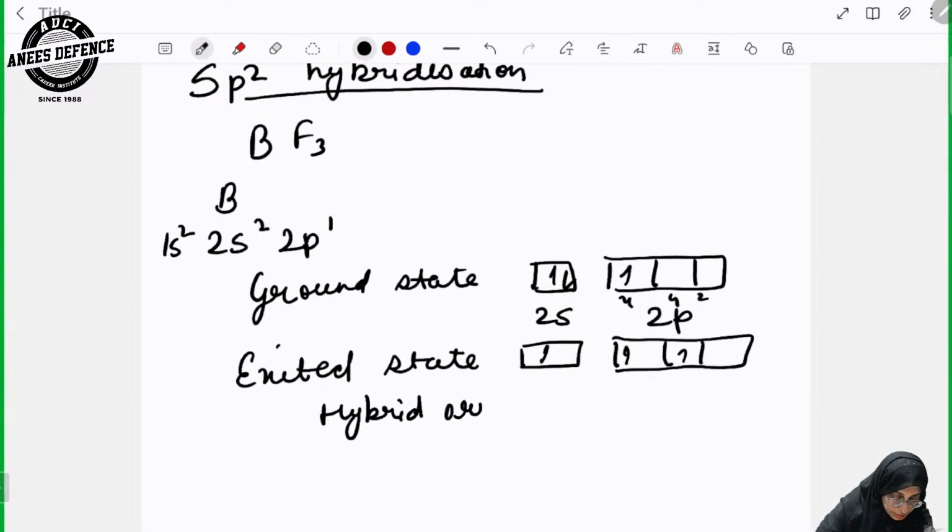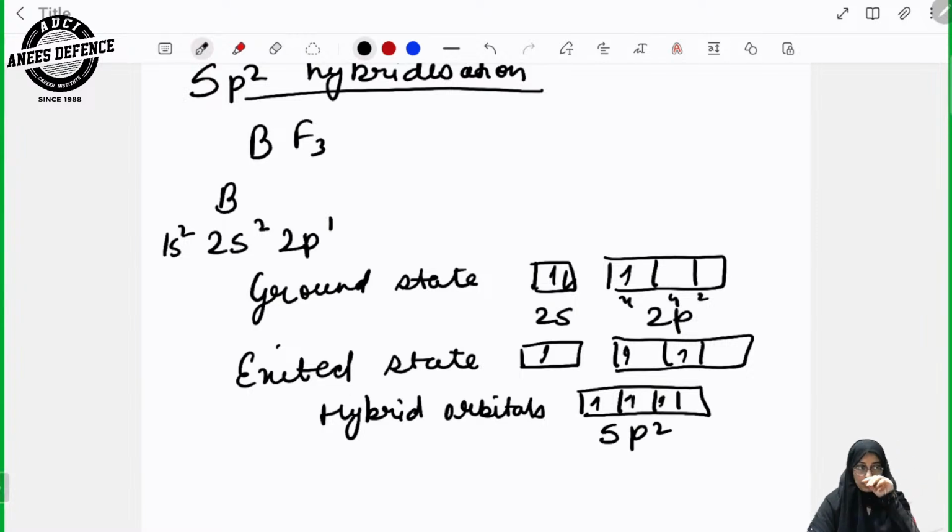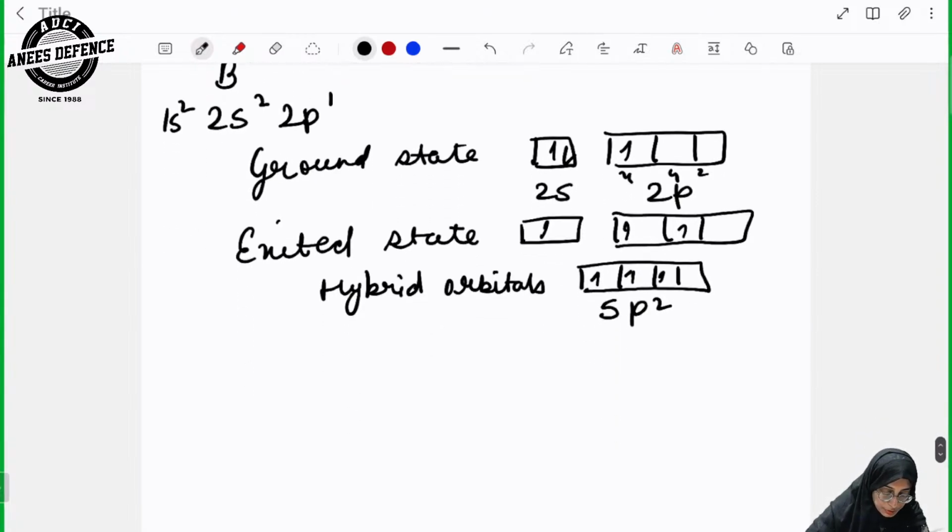The hybrid orbitals are one s and two p, known as sp2. Two orbitals from p and one orbital from s make sp2; their name comes from their parent orbitals.